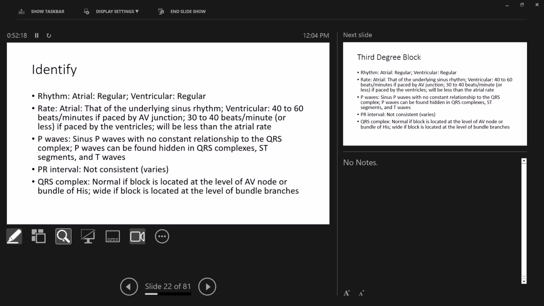They could be in the QRS, could be in the ST segments, could be in the T waves. The PR interval, ding, ding, ding, it varies. It is not constant in any way, shape, or form. The QRS could be normal if it's happening at the level of the AV node, but most of the time it's going to be wide.